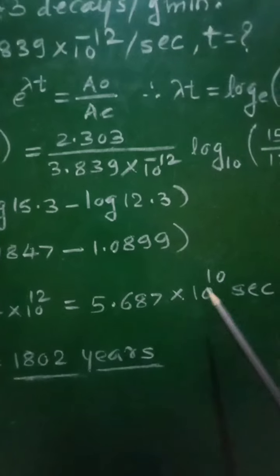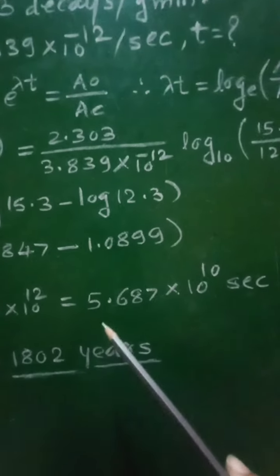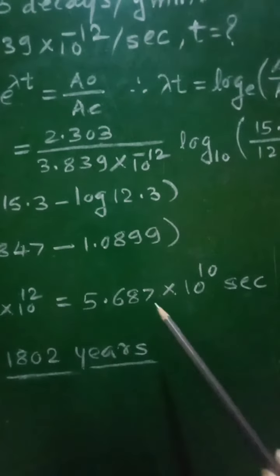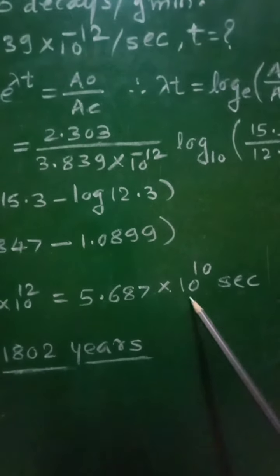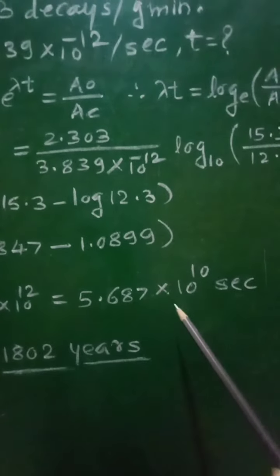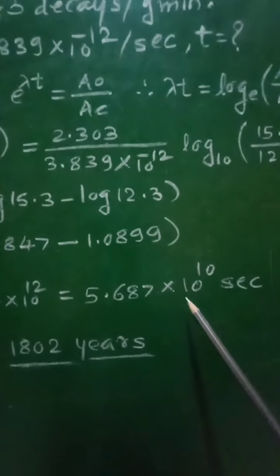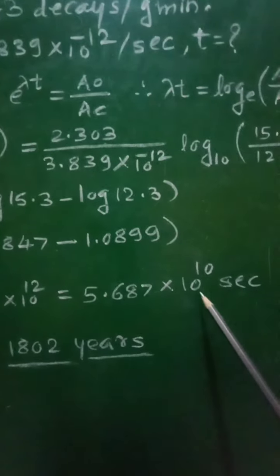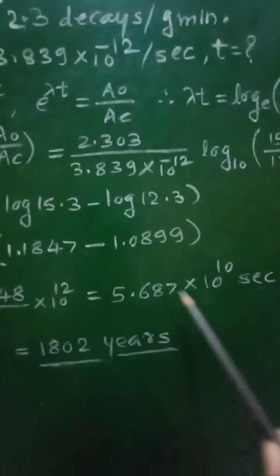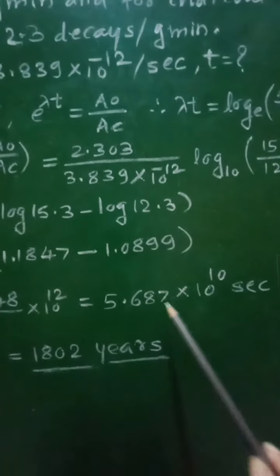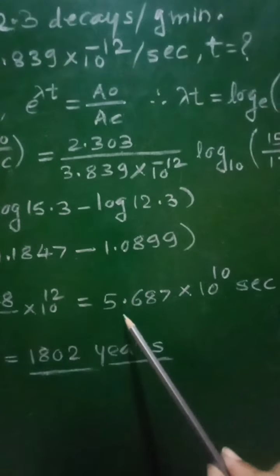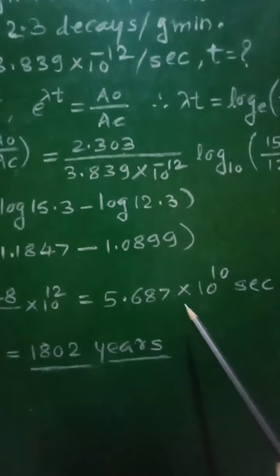This comes out to be 5.687 into 10 raised to 10 seconds. This will be the age of the old sample in terms of seconds. Now it will be converted into years by dividing this time by the number of seconds in 1 year.